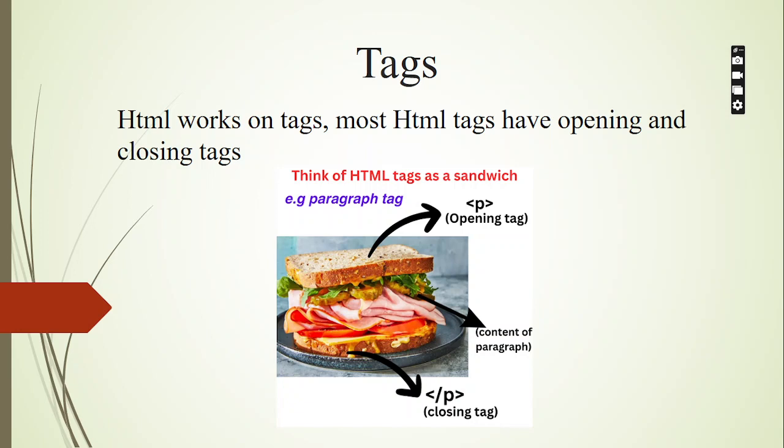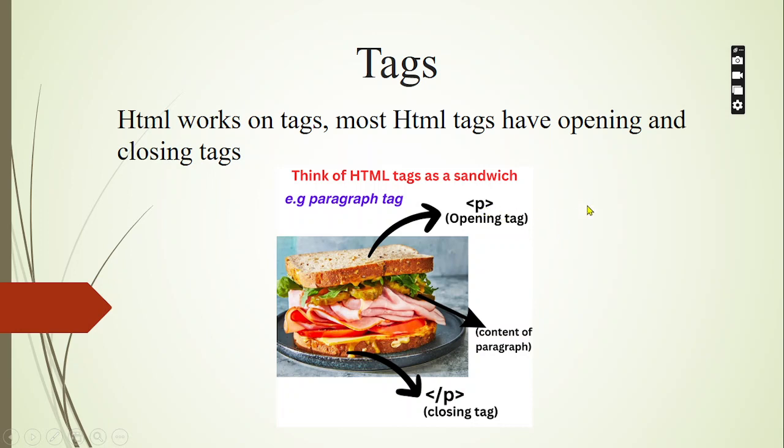It's stored in tags, and most HTML tags have an opening and closing tag. I've given an example in the previous video of a paragraph tag. So this is a basic example of an opening tag for a paragraph tag.